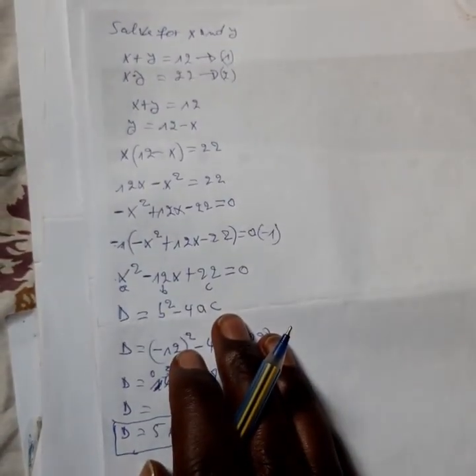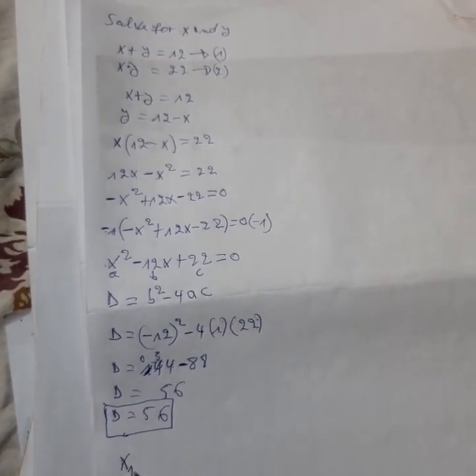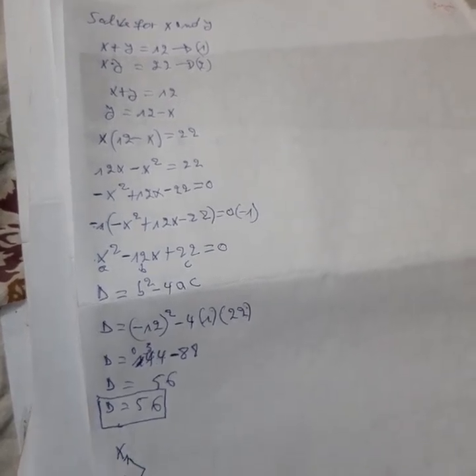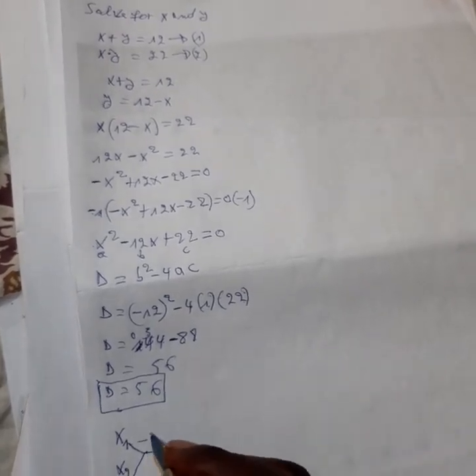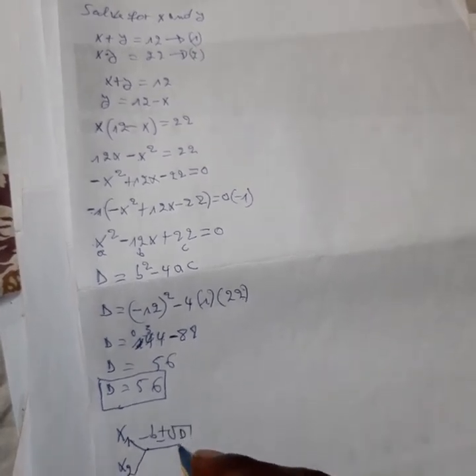So we're going to find x1 and x2. We have negative b plus or minus the square root of d, over 2a.